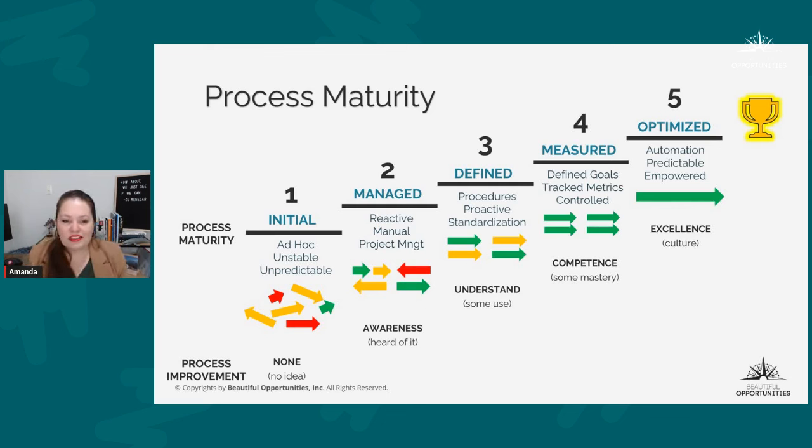Now, you might notice as an organization, it's unlikely all of our processes are going to get to that optimized state. Filling up the coffee maker or making sure that the break room has all of the knives and forks and things that it needs, that might not be something that we want to perfect, right? Perfection can be expensive.